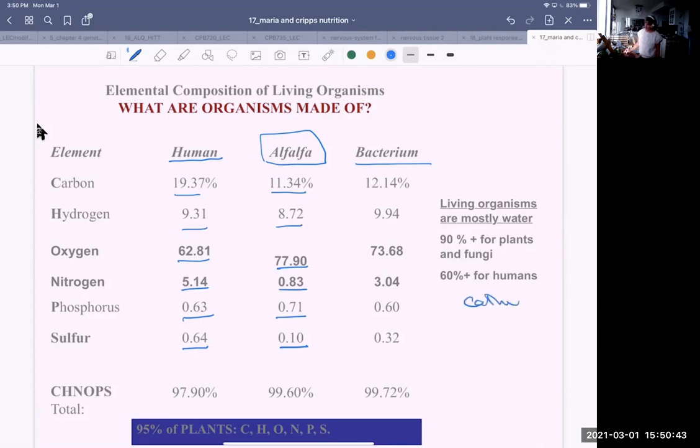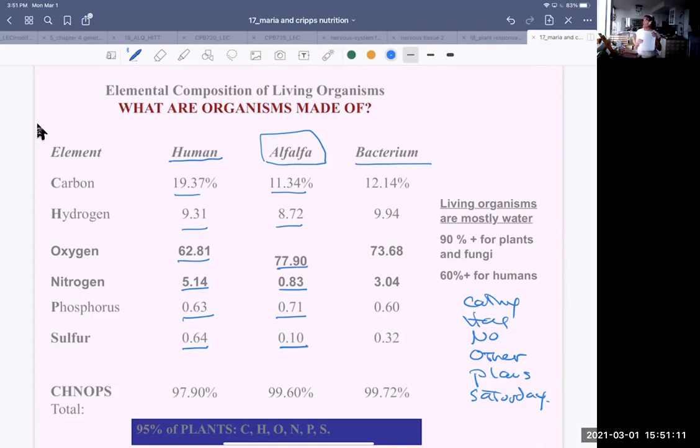Kathy has no other plans Saturday. Forgot about the S. Kathy has no other plans Saturday. So those are the main elements of living organisms.